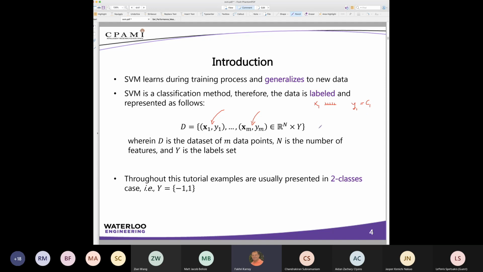If we go to xm, we have xm as a vector different from x1 in terms of its features. Of course, they have the same dimension, but they have a different representation, and here we happen to have ym being equal to class m. So in this particular problem, we have a multi-classifier system, but each one of them is characterized by its particular output.